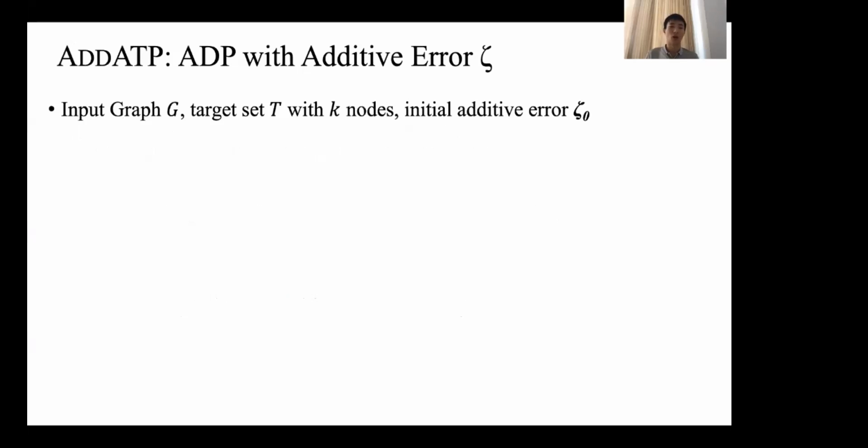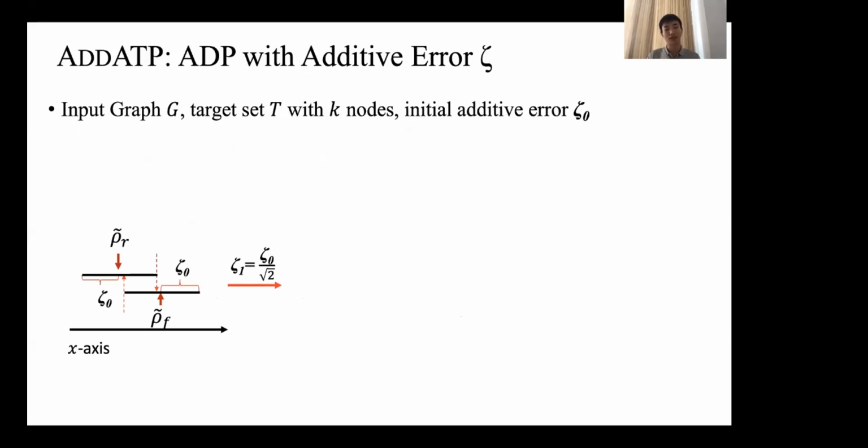So here is our algorithm. We first set an initial error, and then we compute the two functions. Because we have error, the two functions become two ranges, no longer two points. So in this case, they may overlap each other, and we cannot distinguish them.